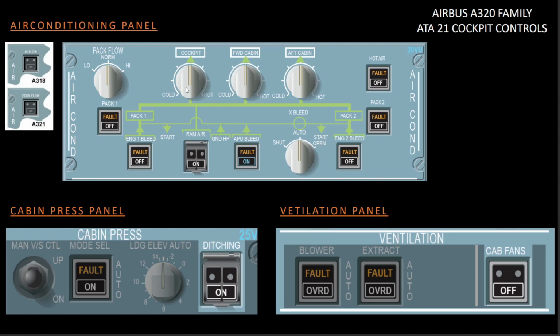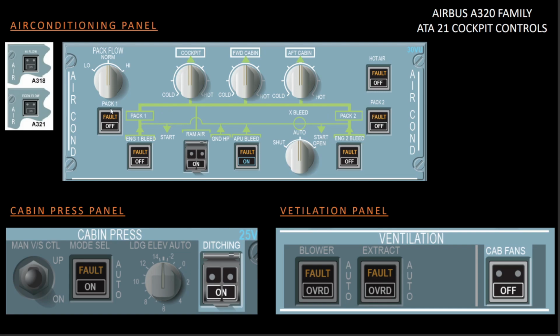So that is the function of these rotary selector switches, and these signals, the signals from the rotary selectors will go to the air conditioning system controller, and the temperature will be modulated based on these signals.